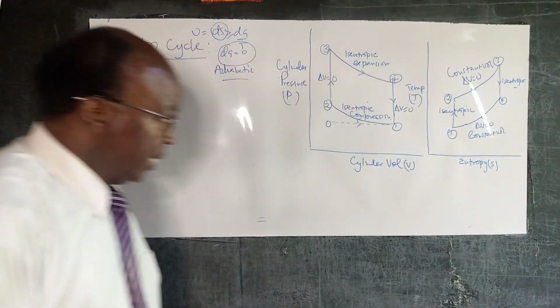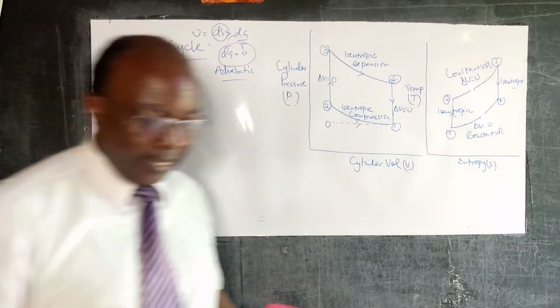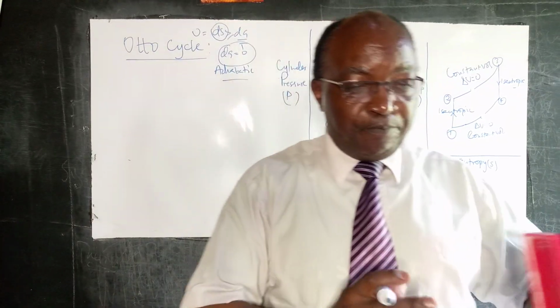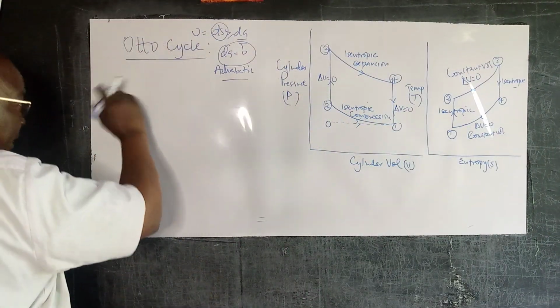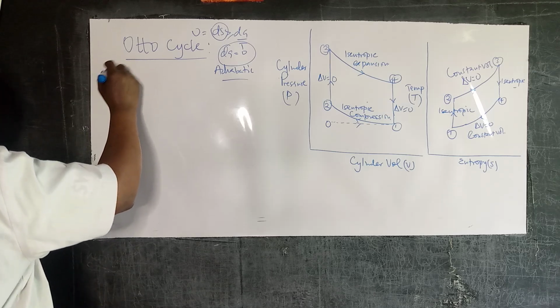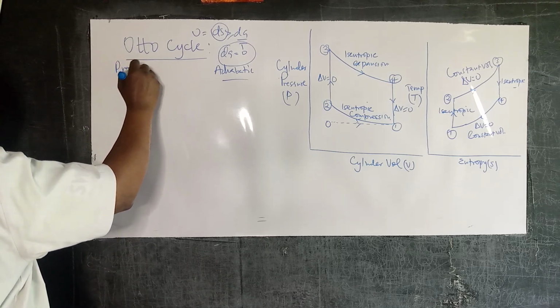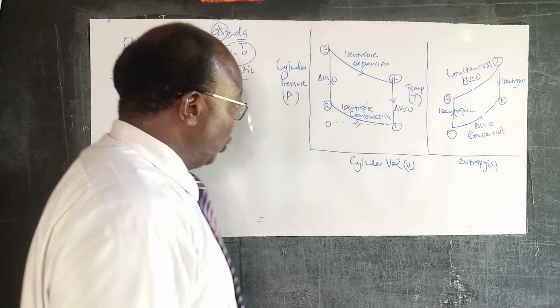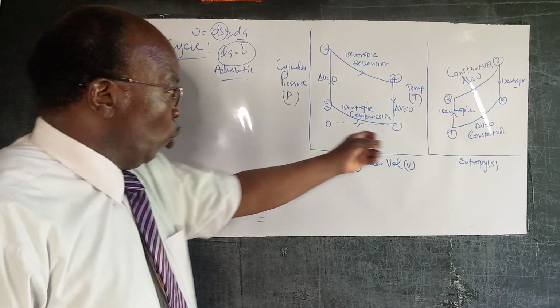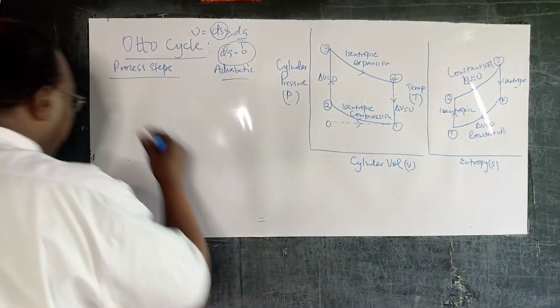Now, let us discuss these processes systematically. The processes in this particular system. And the best thing is to look at them in terms of their process steps. So we have step 0 to 1. What is that step? 0 to 1.